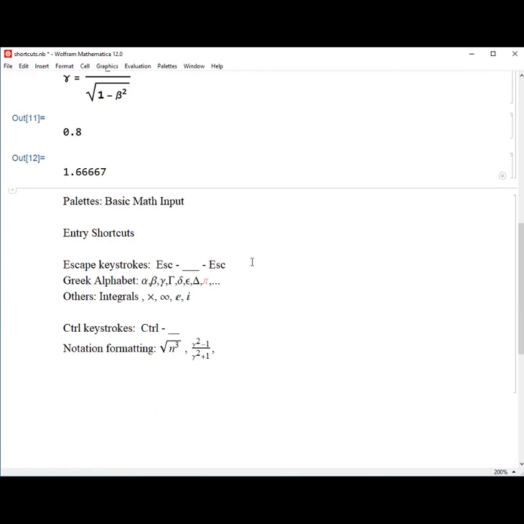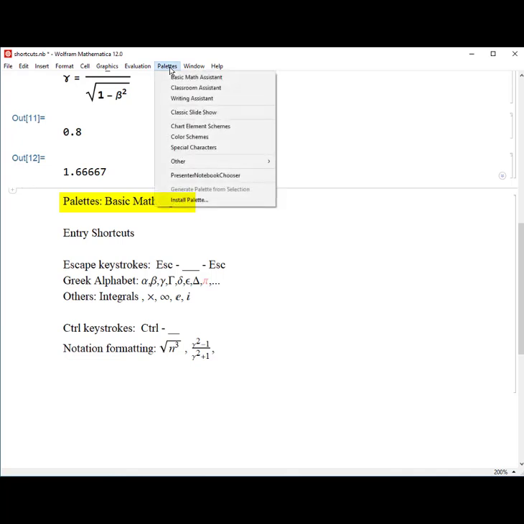Okay, so there's a couple different approaches that you can use in order to really exploit all of these different input formats, these valuable, useful mathematical input formats. The first is to use palettes, and so what I'm going to do is go up to my palettes tab, and I'm going to go down.